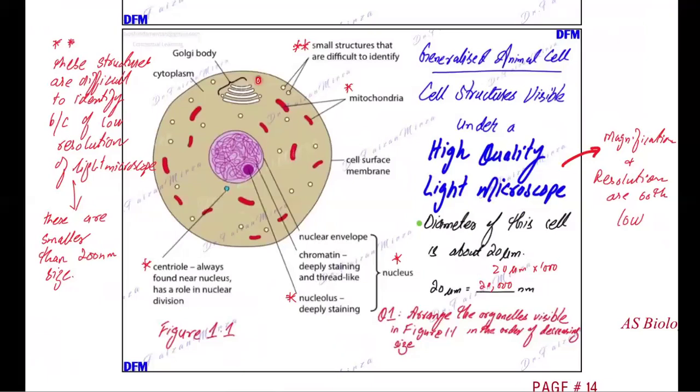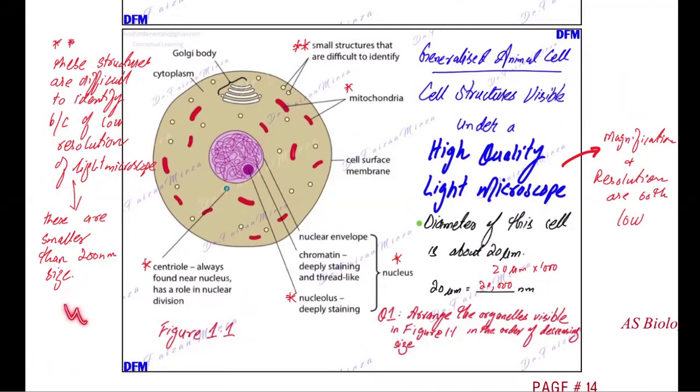Why are these small structures difficult to identify? Because the light microscope which you are using has a low resolution and low magnification. Anything smaller than 200 nanometers will not be visible using a light microscope. Why is that so?